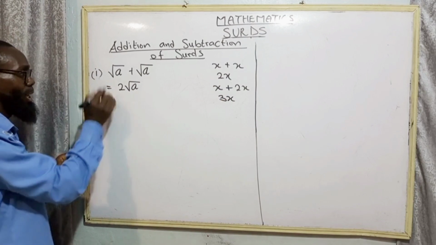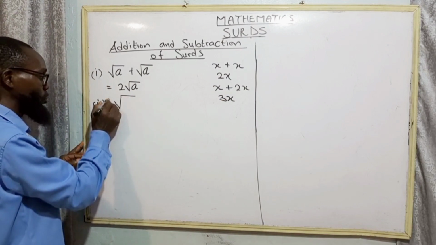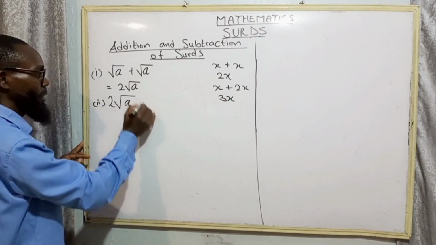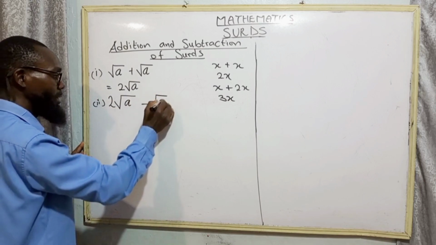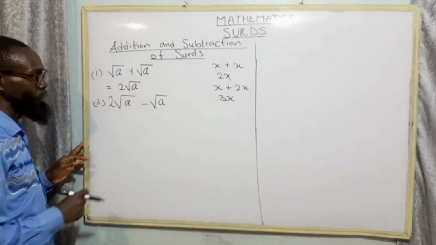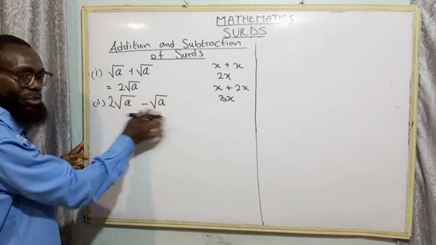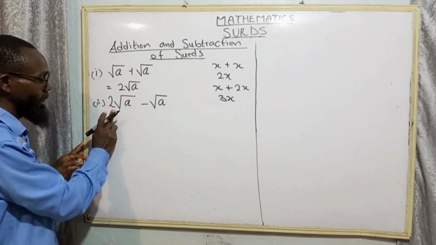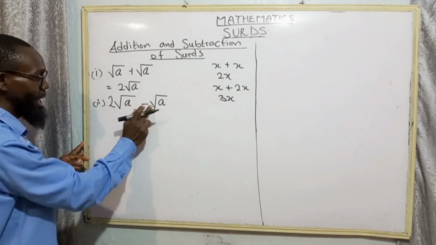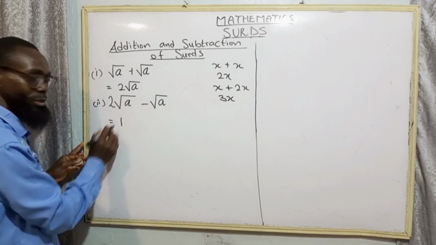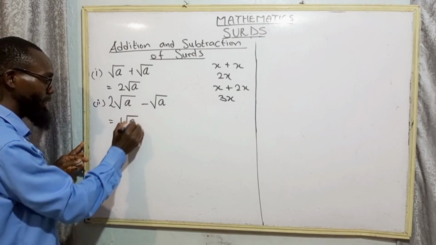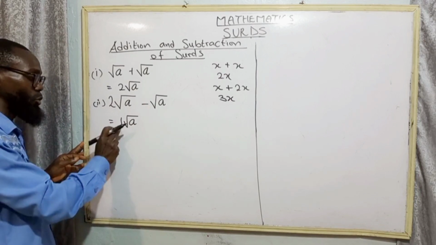Also, let's assume we have 2 root A minus square root of A. Look at this. 2 root A minus square root of A. Both of them are like surds. Then we are going to subtract the coefficients, 2 minus 1. We are going to have 1, then times of what? Square root of A. But in mathematics, you don't need to show that one.